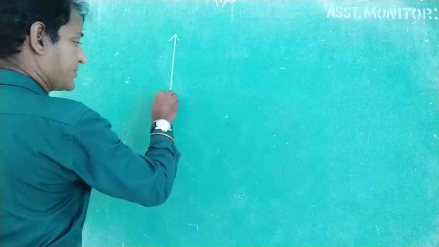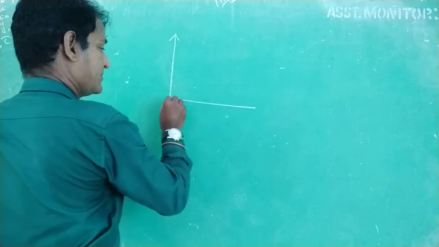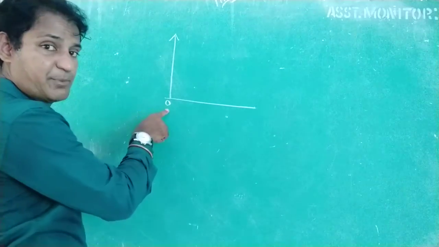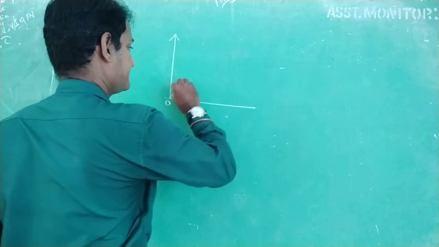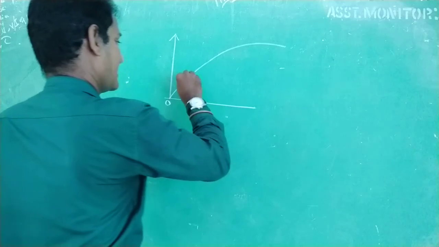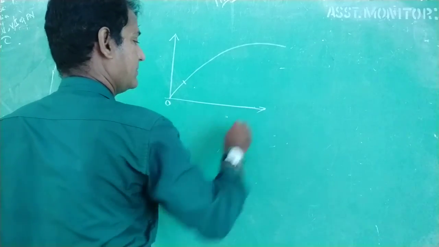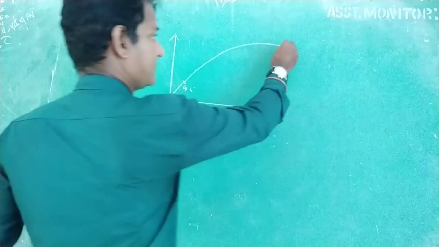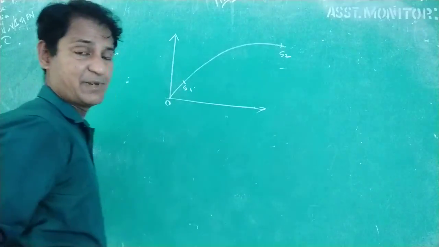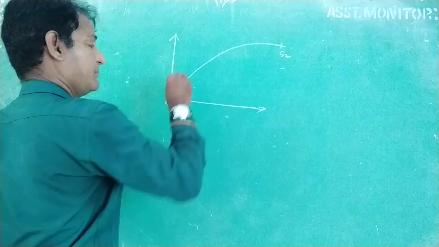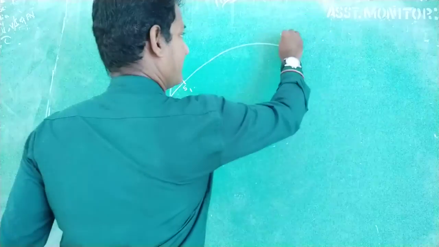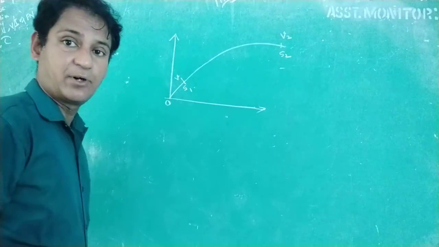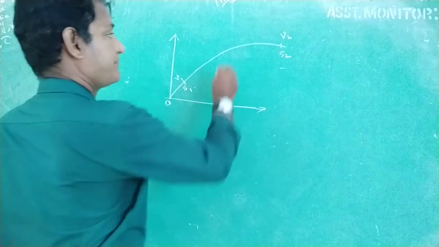Now, a diagram has to be drawn. If O is the initial position of the object, let us consider S1 to be the initial displacement and S2 the final displacement, and at these points V1 is the initial velocity and V2 is the final velocity of the object or body.